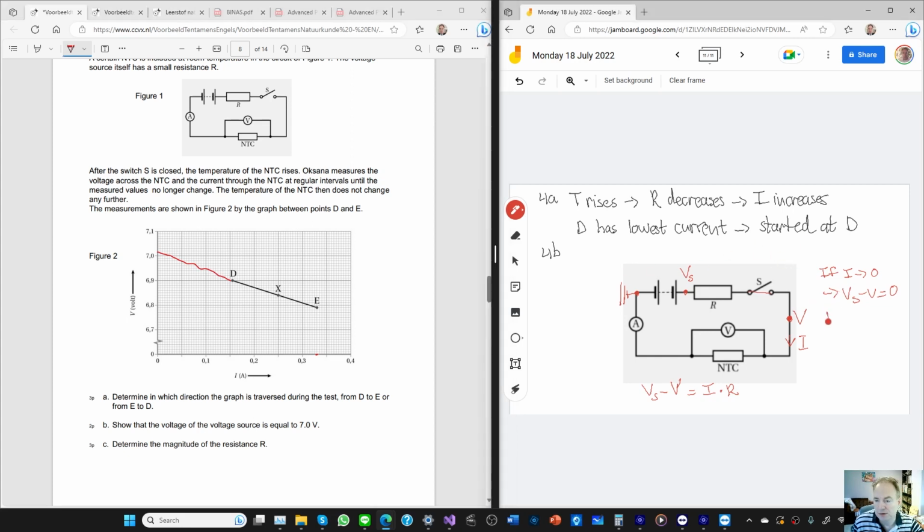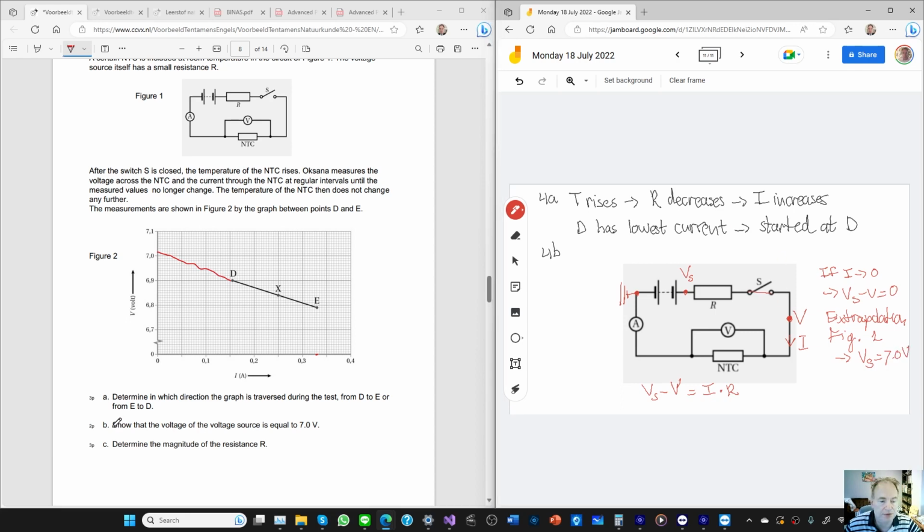So extrapolation in figure 2 shows that V source is 7.0 volt.